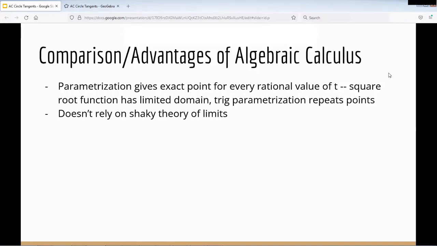So usually in a first year calculus course, students spend a long time learning about limits, and most students find it confusing and boring. And once you dig a little deeper, you find that the theory of limits is not really as solid as you might think.